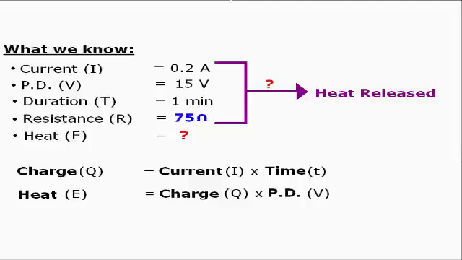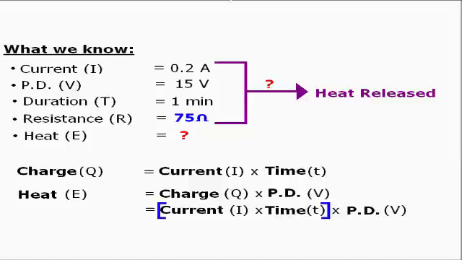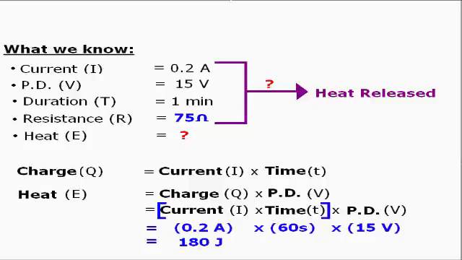Now that we understand these two relationships, we can substitute our charge with current multiplied by time, and then multiply that by our potential difference. Once we plug in all of the respective values and calculate that through, we find that the heat released within the electric circuit is equal to 180 joules.